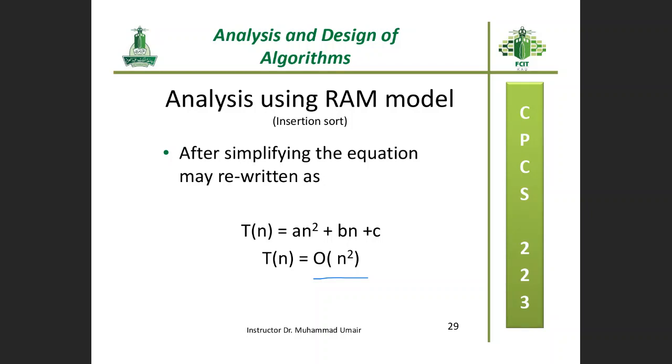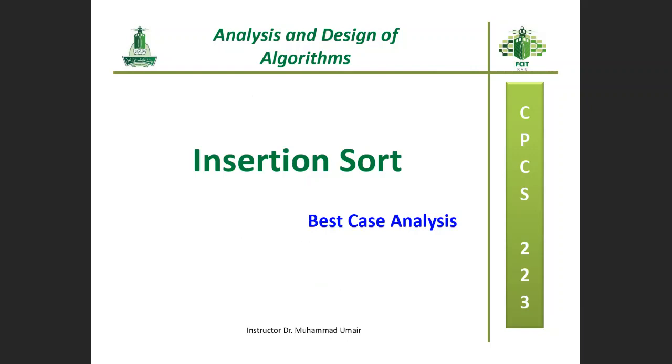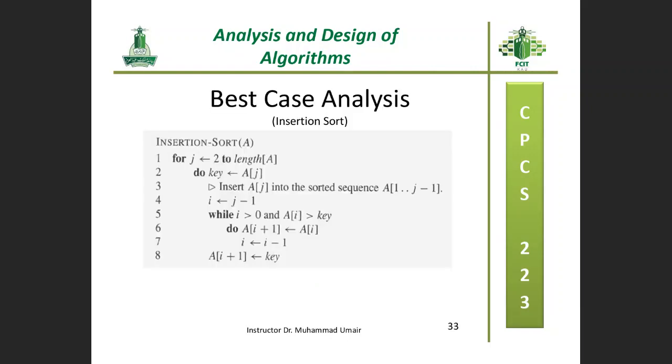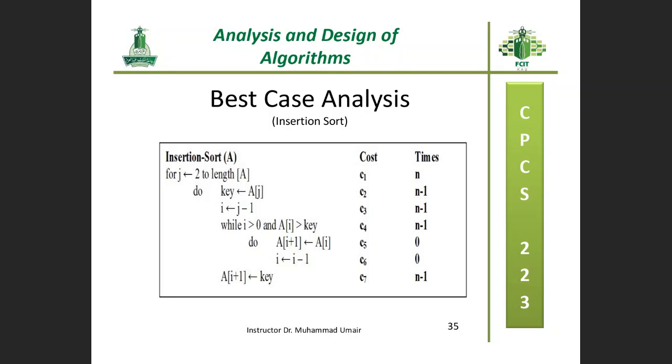In the best case scenario, if we are following the same algorithm and using the RAM model, what do I have to do? In the RAM model, if you have an algorithm, which values must you determine before concluding your efficiency? We have to make two columns, first for the cost and the second for the number of times.